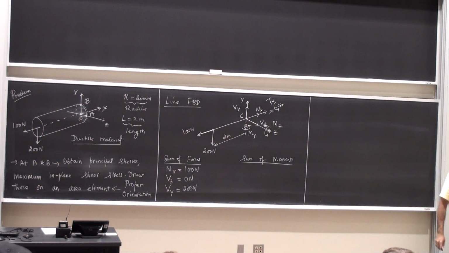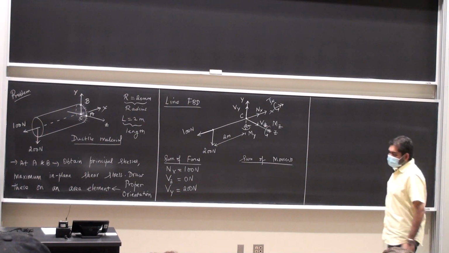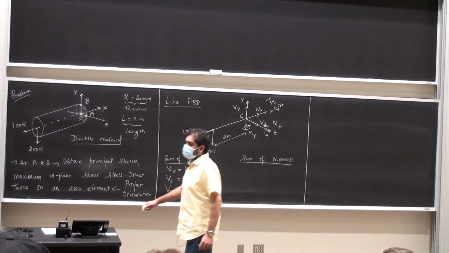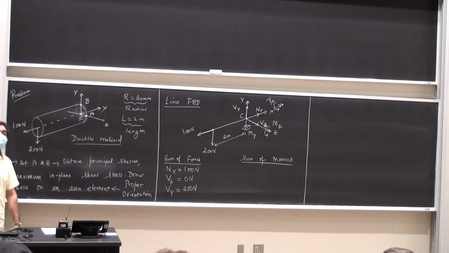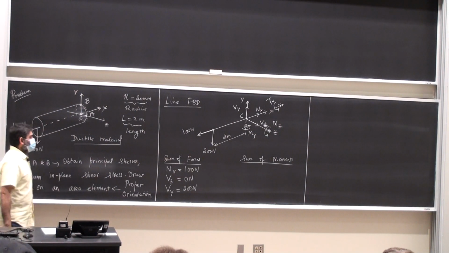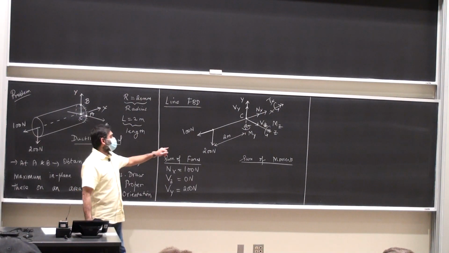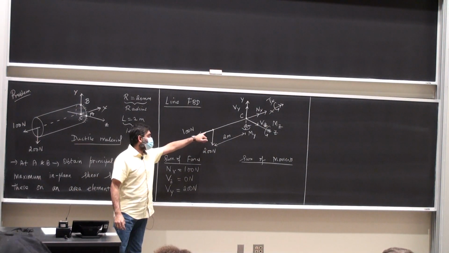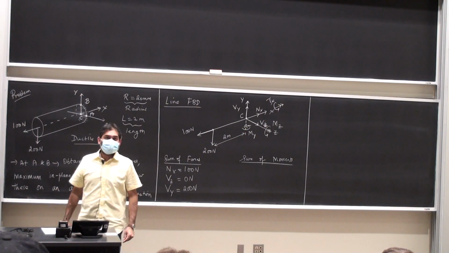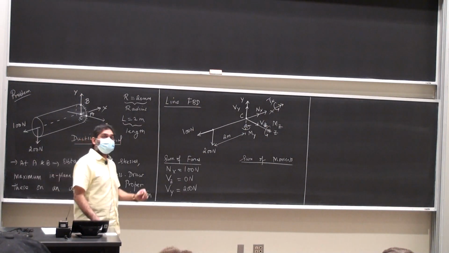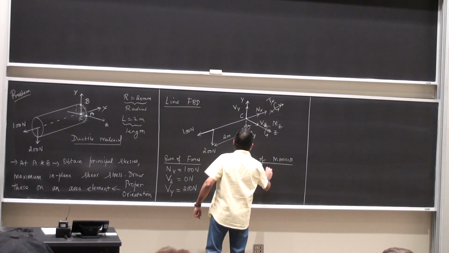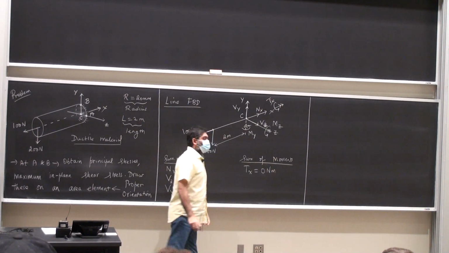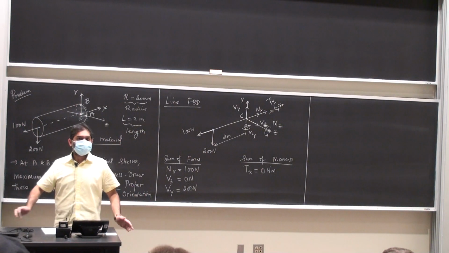Sum of moments will give me the reaction moments, where My and Mz are bending moments, and Tx is the reaction torque. Tx is 0 because all these forces are acting at a point on the x-axis, so their line of action passes through the axis of interest. Am I making sense to everybody?